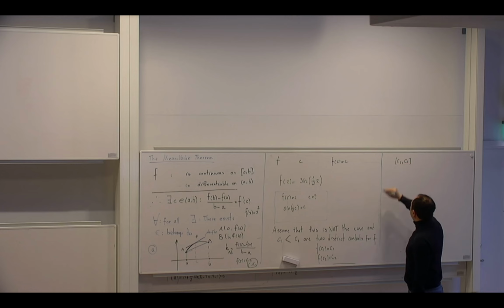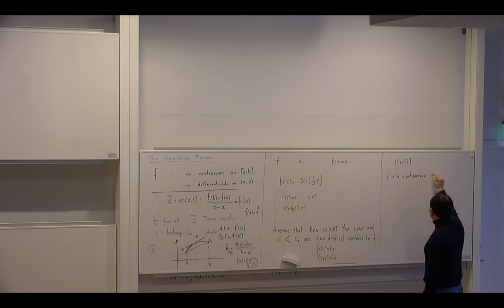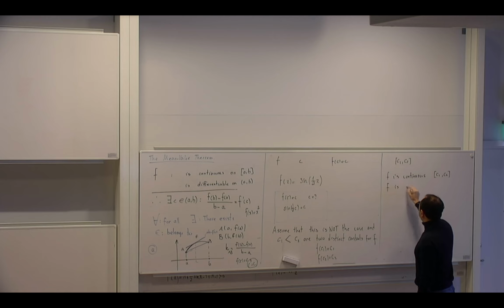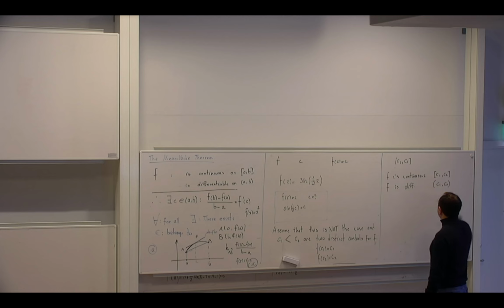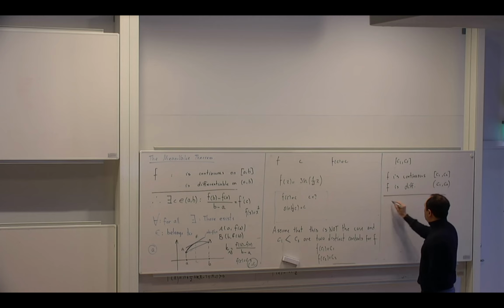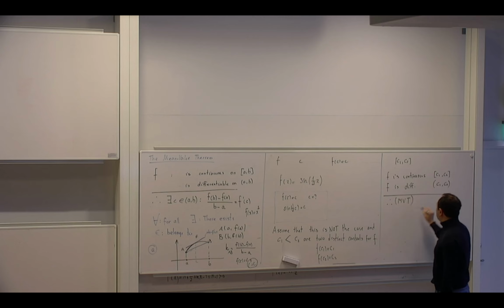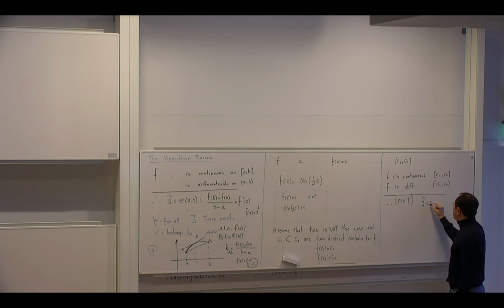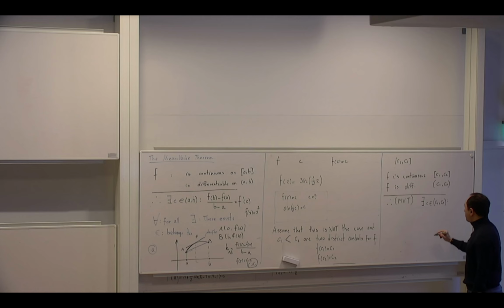Yes, f is continuous everywhere, including C1 and C2. f is differentiable everywhere, including C1 and C2. So what can I conclude? The mean value theorem guarantees that there exists a c between C1 and C2 such that what happens?